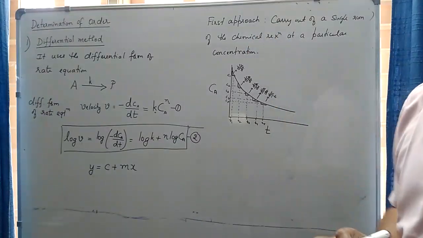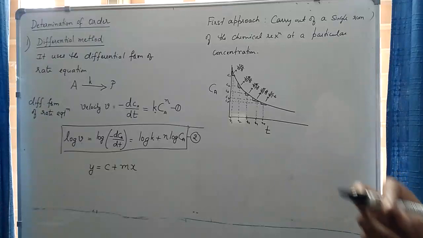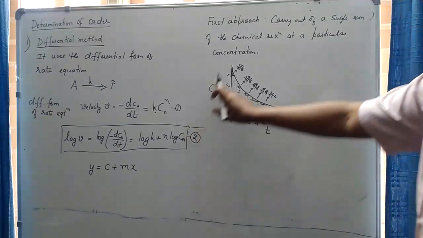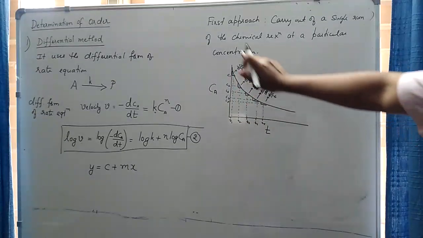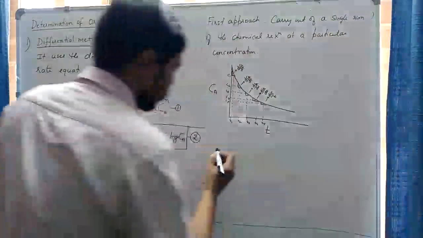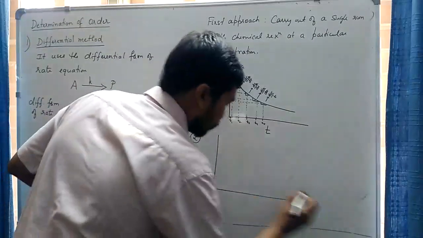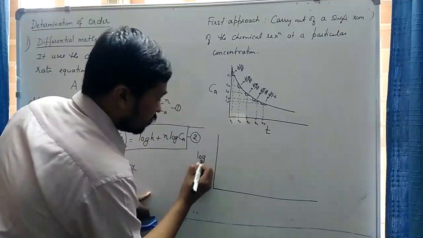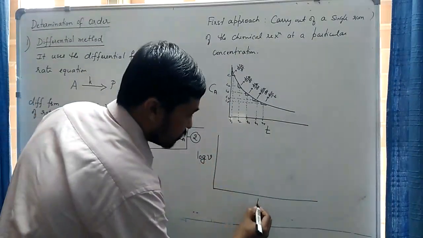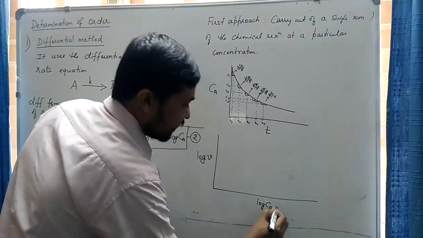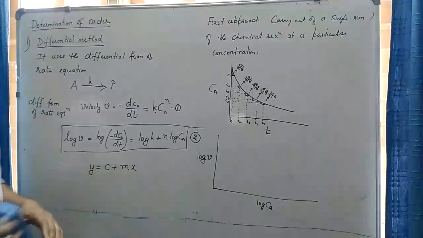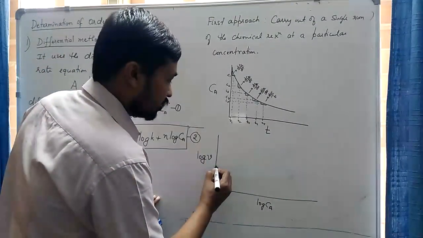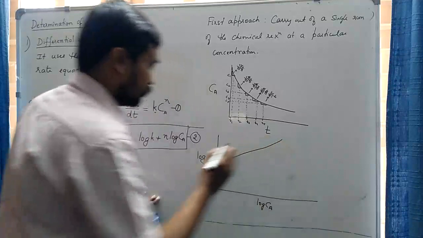Now we can plot a graph of log of rate versus log of concentration, because we have 5 different concentration values and 5 different rate values. Now we can plot a graph of log of rate versus log of CA, and as per equation 2, this plot should be a straight line with positive slope.